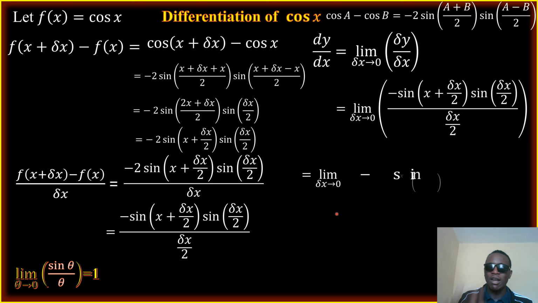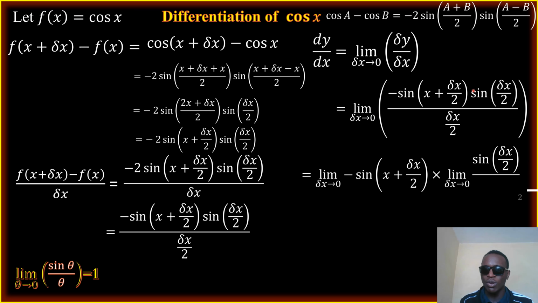Then we have to separate again just like what we did, so that this limit is a single fraction times this number here, minus sine of x plus delta x. Again, we have already seen that this limit is 1, so there is no argument with that again. All we need to do now is to focus on this part. As delta x tends to 0, we have to replace delta x by 0. That will give me what you are seeing there, this expression there.